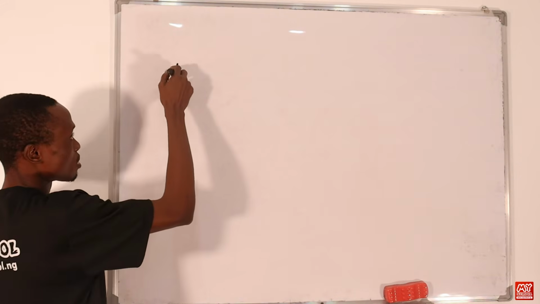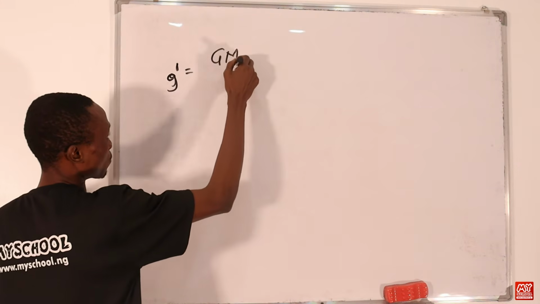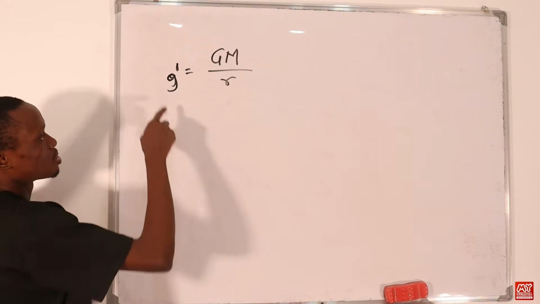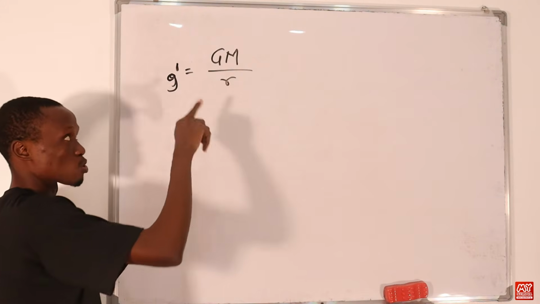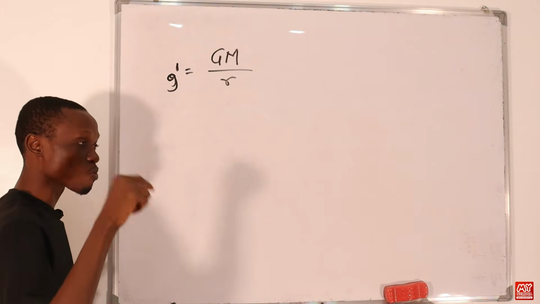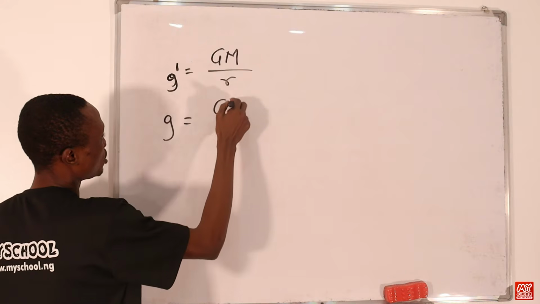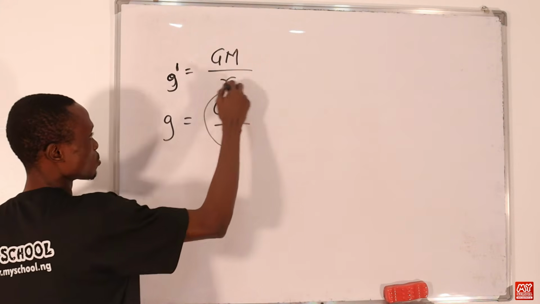Then g prime equals GM all over r squared, which is the acceleration due to gravity at a point r from the center of the Earth. But remember that acceleration due to gravity on the surface of the Earth is given as g equals GM all over R squared. Just take note of this.